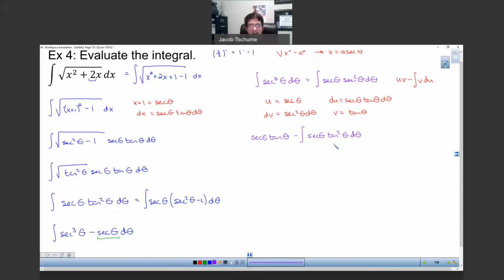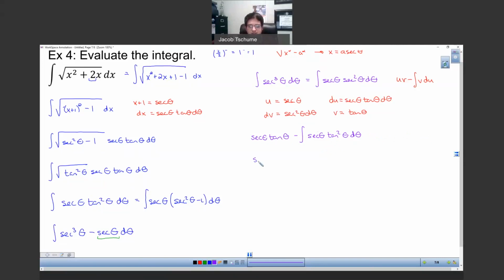So we're going to attack this the exact same way, and it's going to bring back another topic we covered in a previous section. So this would be the same thing as secant theta, tangent theta, minus, actually, let me write on the next line. I don't want to cram it on that line.